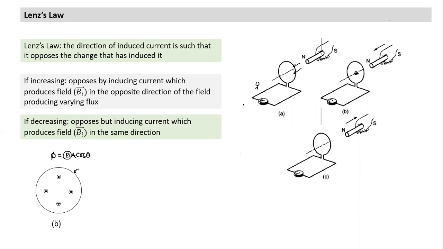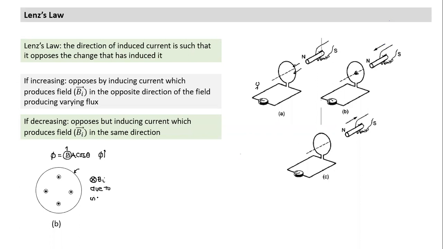So in case B, since B is increasing, the flux also is increasing, so it is dot and is further increasing. The induced current will oppose the increase by creating a field in the opposite direction. So this will be the direction of the induced field due to the induced current.